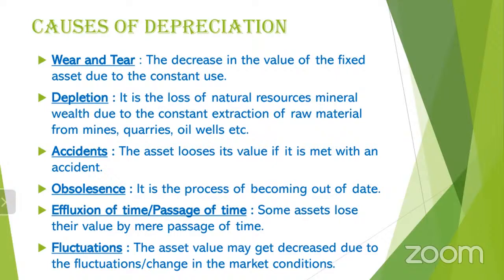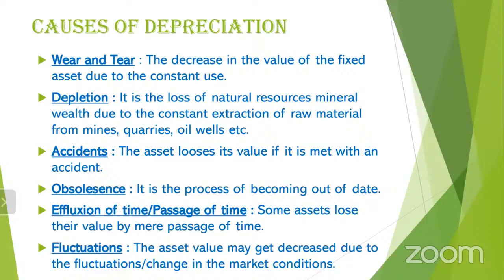Depreciation is, if we use those assets continuously, the value of the asset will gradually decrease. This is the difference between depletion and depreciation. For natural resources, we use the word depletion. For fixed assets, we use depreciation.